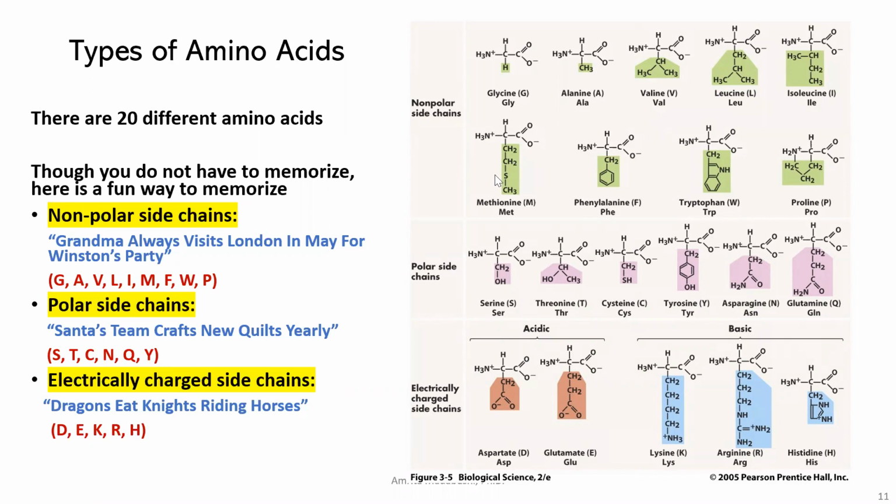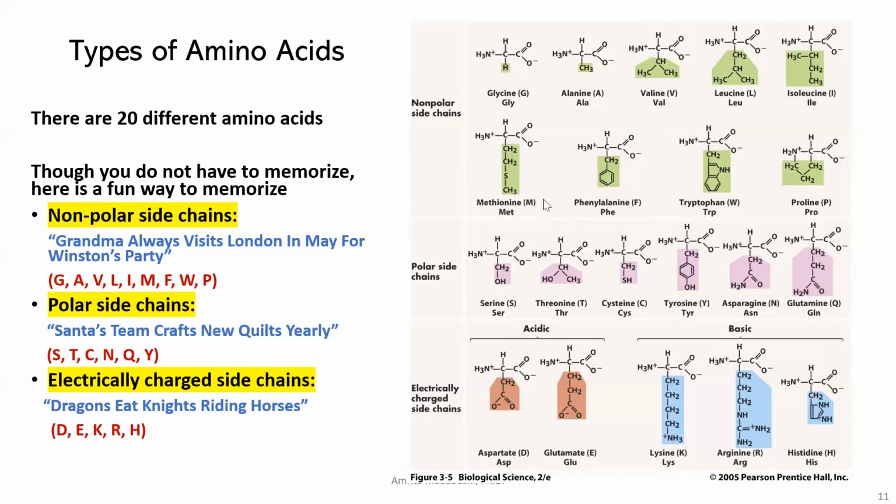Long chain fatty acids definitely don't. So any kind of carbon structures are always non-polar. That's what it is here. And of course, this is not something that you've done before, so just clarifying, this is a benzene ring. And here there are also two fused ring structures, and these are all non-polar.